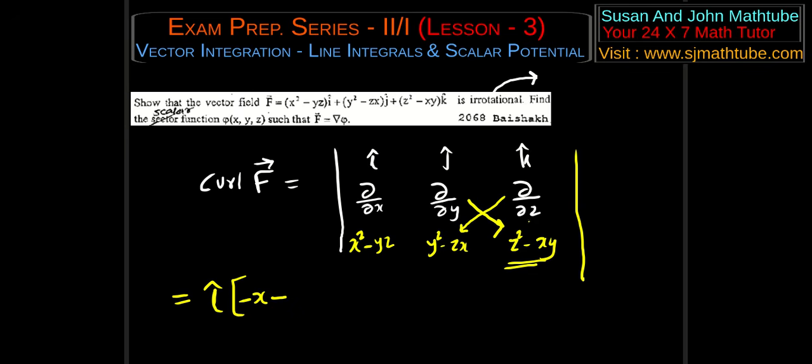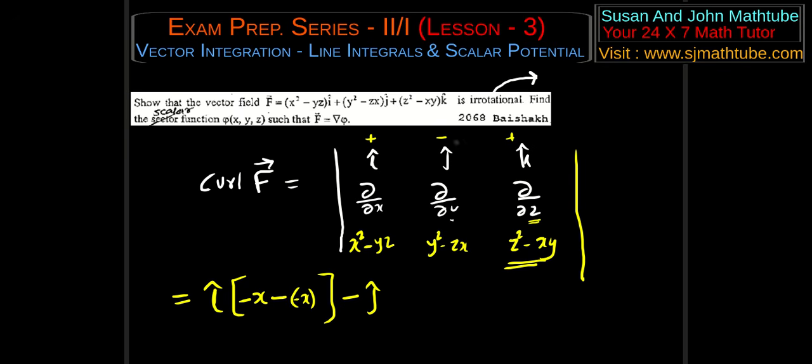That means z will be the only variable, and that will be 0 minus x, so minus x, and minus j. You remember how to expand a determinant, right? Plus, minus, plus. Okay, now these are the basic stuff.